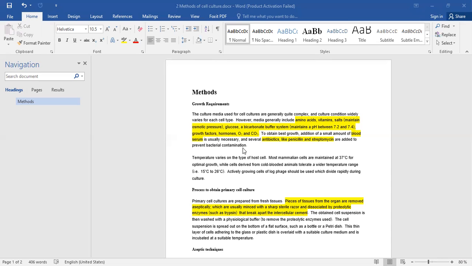And during growth, some contamination may be found. We can find contamination by microorganisms also, and this contamination must be avoided.